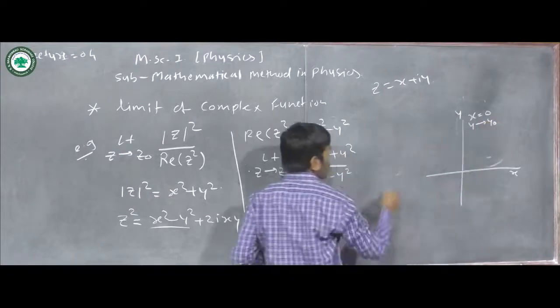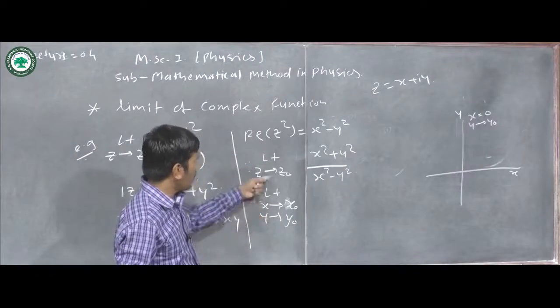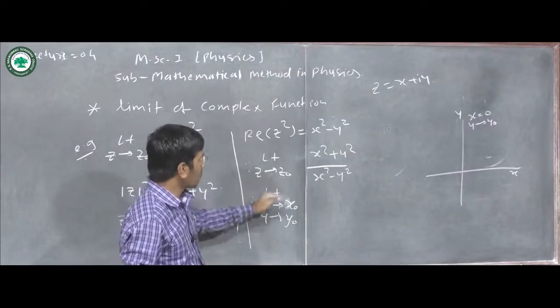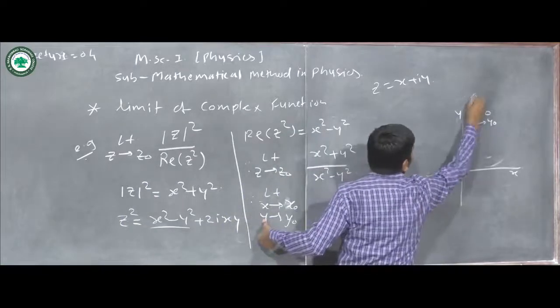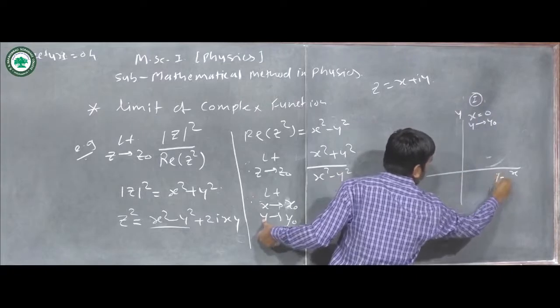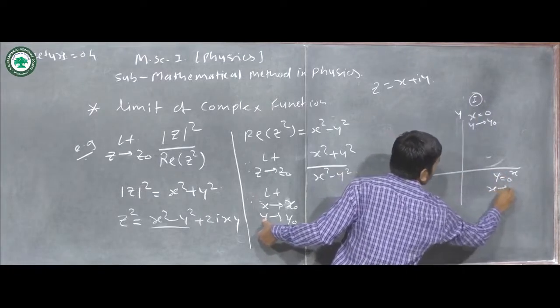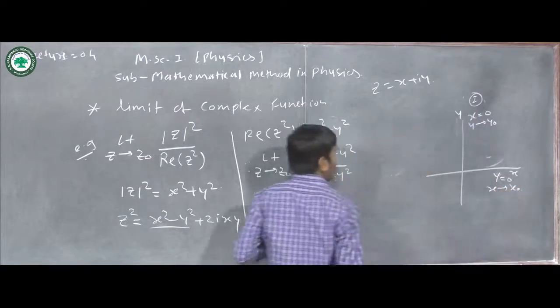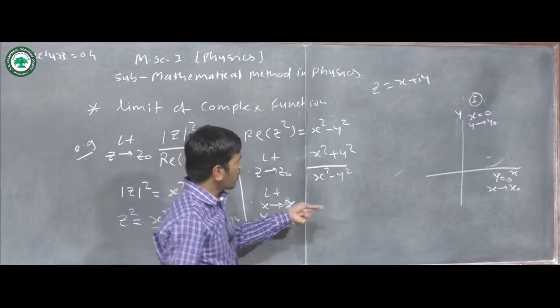Okay, so this is one case. For z approaching z naught, another case is, suppose y is equal to 0 and x approaching x naught. So if x is approaching x naught, this is the second case.